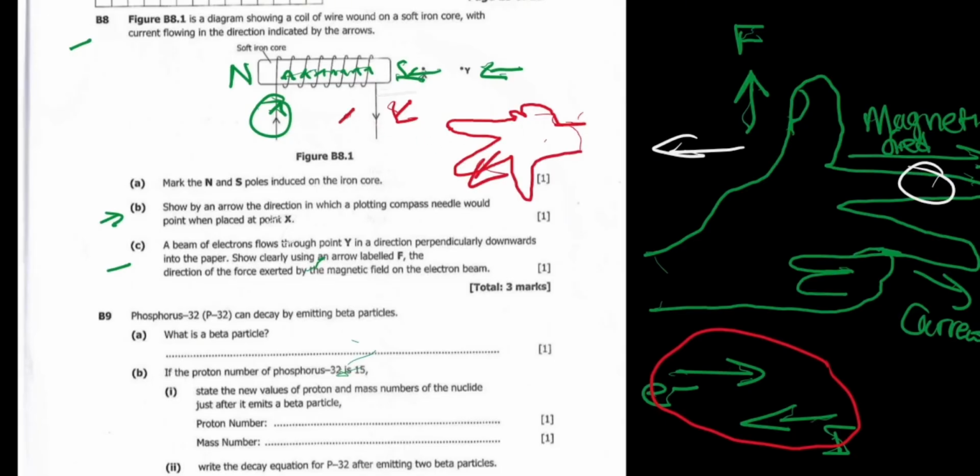That's how we show current moving out of the page. It is in the direction from where you are standing, more like it is coming out of the screen. So that is the direction of current.